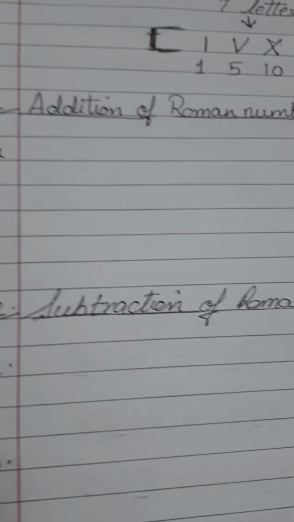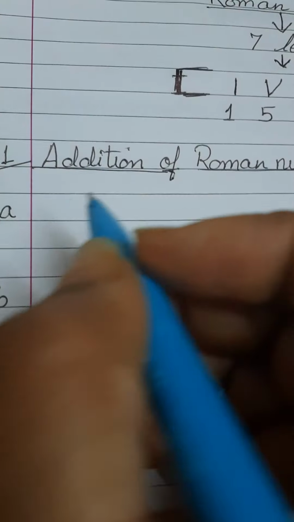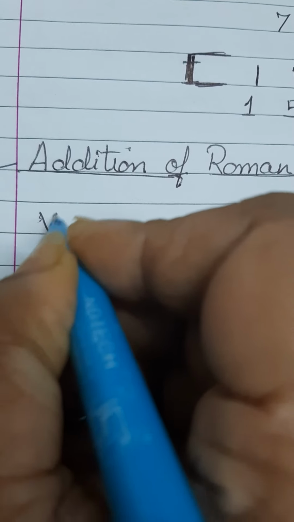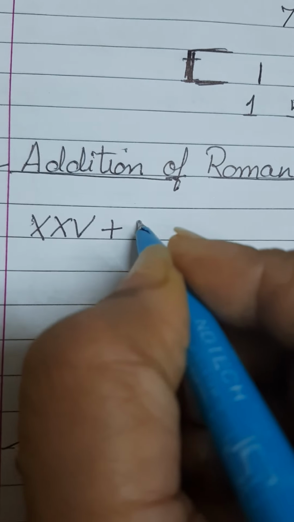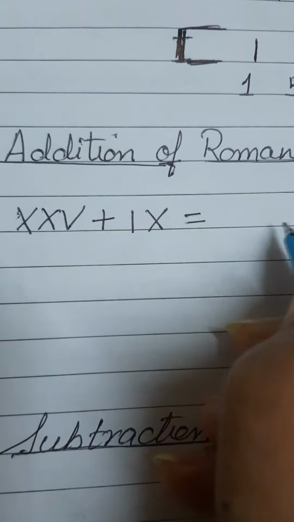Now let us start with addition of Roman numbers. I'm going to write down one question over here. The question is XV plus IX is equal to how much?